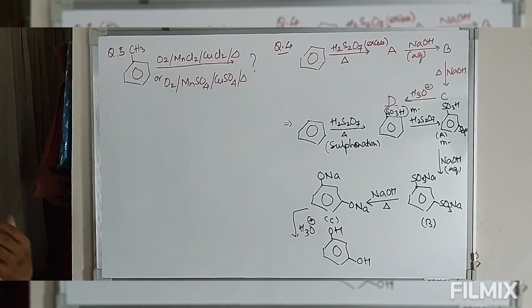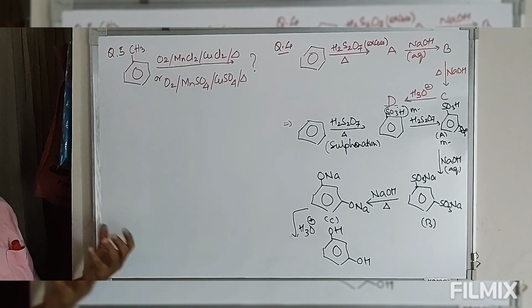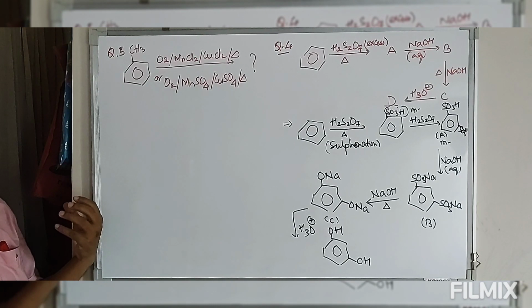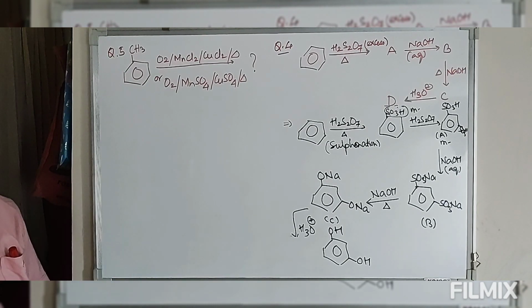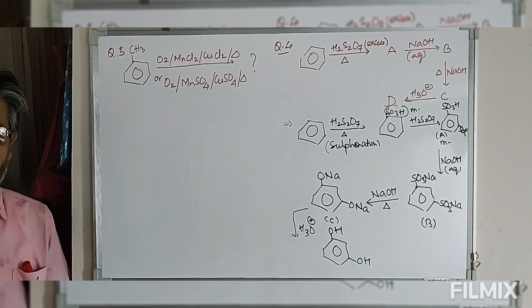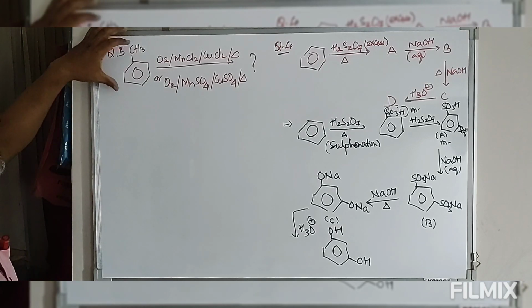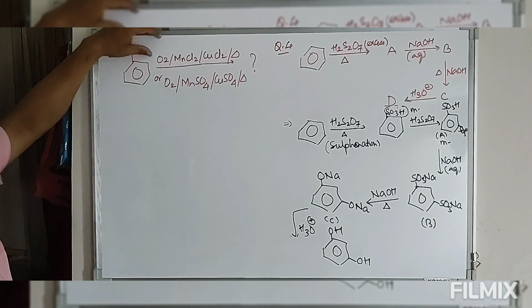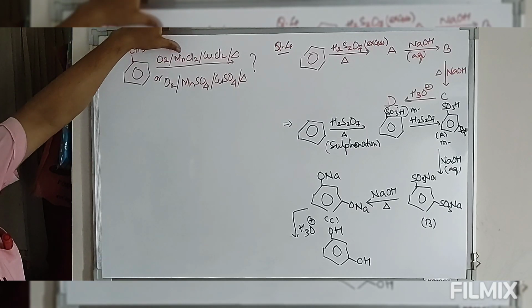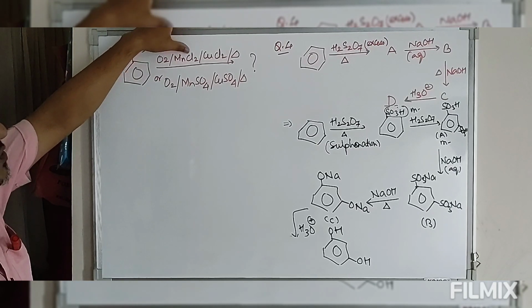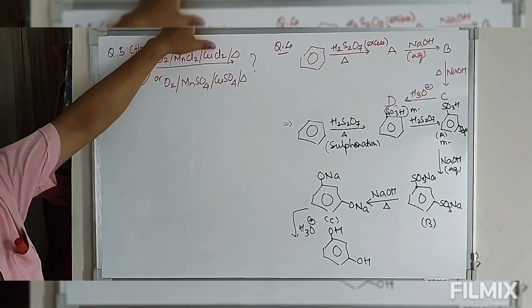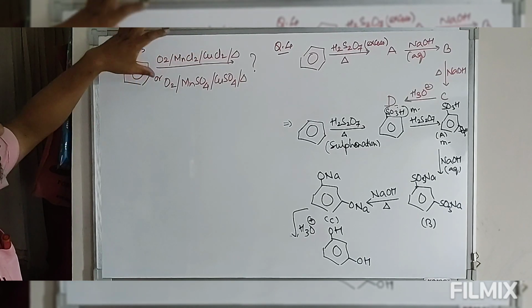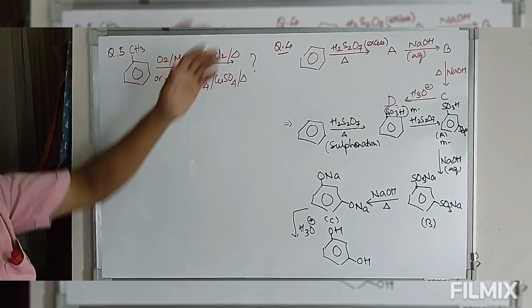Now this particular reaction is a method for conversion of toluene into phenol. So if suppose we want to convert this toluene, there is oxidation of toluene to phenol. So direct oxidation of toluene to phenol can be carried out by oxidation with oxygen, followed by heating with a mixture of manganese chloride and cupric chloride, or manganese sulfate or cupric sulfate.